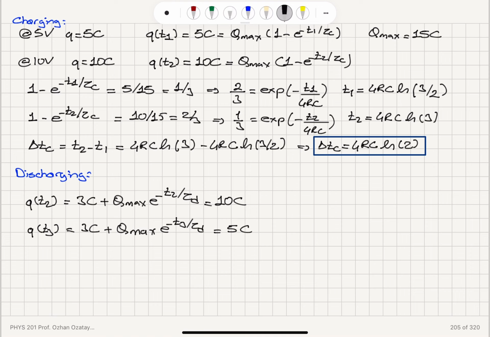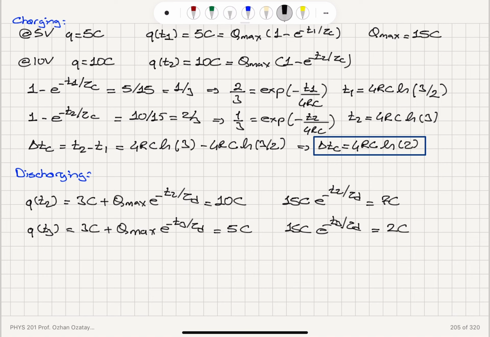That's going from 10 volts back to 5 volts. Because Qmax is known to be 15C, 15C e to the minus T2 over tau discharge must be equal to 7C, and 15C e to the minus T3 over tau discharge must be equal to 2C. That's 5C minus 3C.